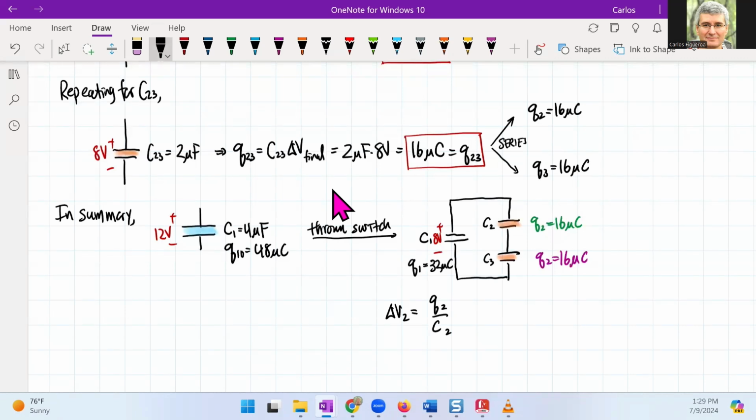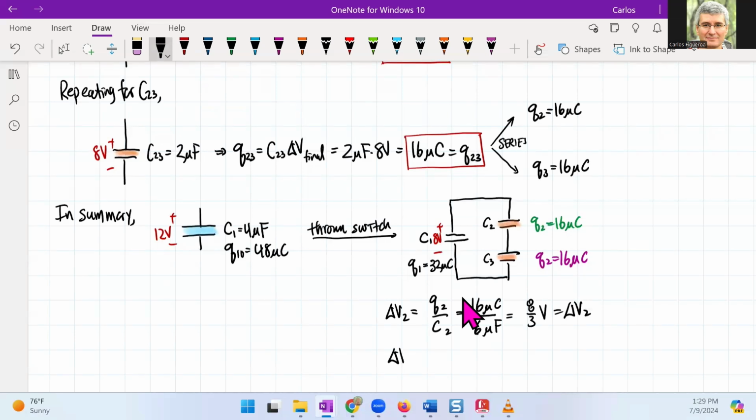The capacitance of 2, I forgot what it is, I think it's 6 microfarads. So 16 microcoulombs over 6 microfarads gives me 8/3 volts for delta V2.